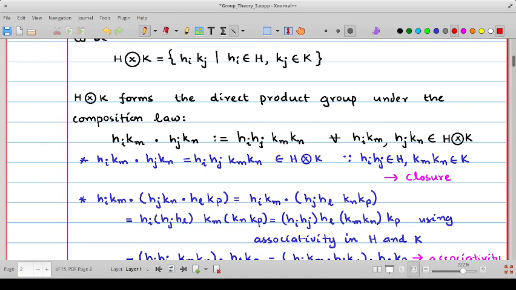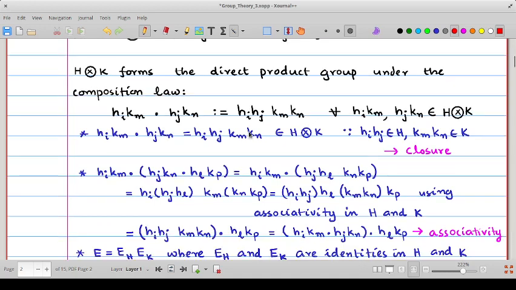So to show that H outer product K is a group, we consider the following. Consider an element Hi Km and some other element Hj Kn of this outer product. Then because of this composition rule, we see that this is equal to Hi Hj times Kn.